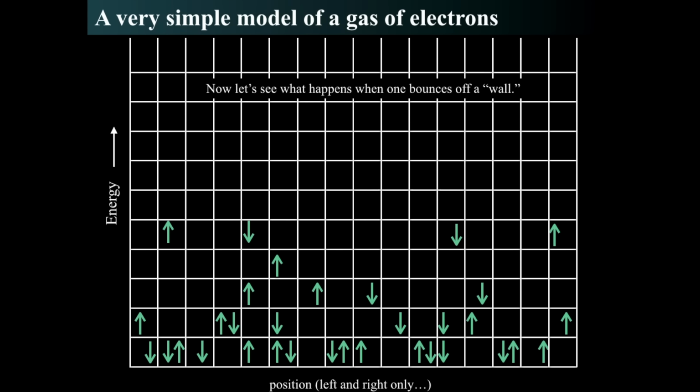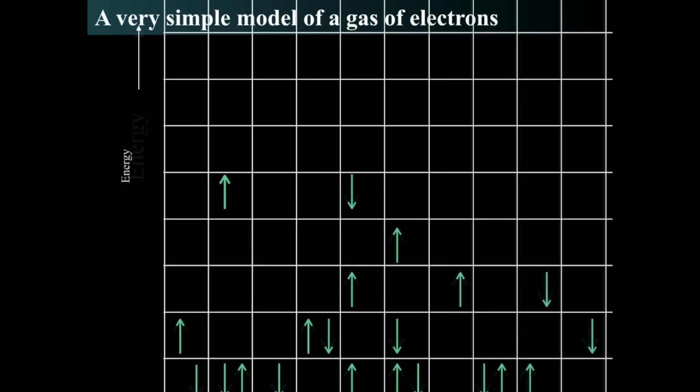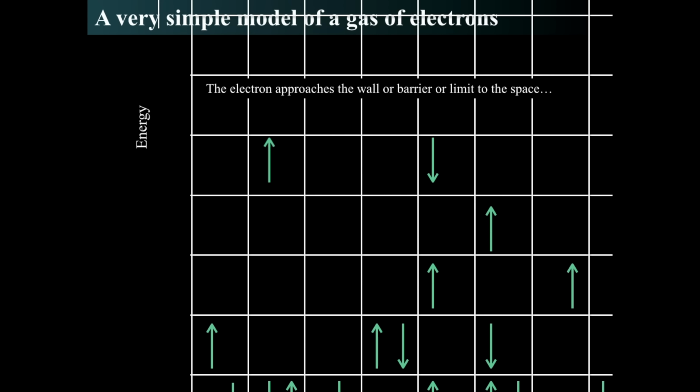All right, so now let's see what happens when one bounces off what we might call a wall. So the wall might be the bottom, or the left-hand side we're going to call it a wall. And so we have an electron goes to a barrier, it goes and hits the wall. Now let's pretend that's actually the bottom. So maybe the electron hits the bottom of the box, or whatever it is, and there's nothing below it.